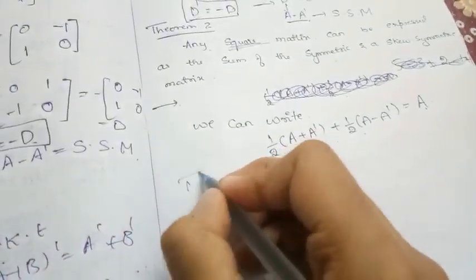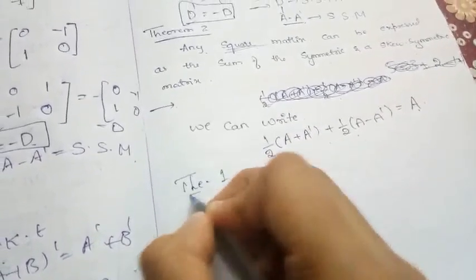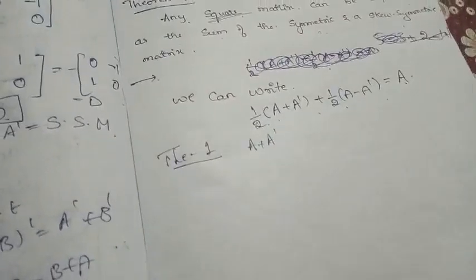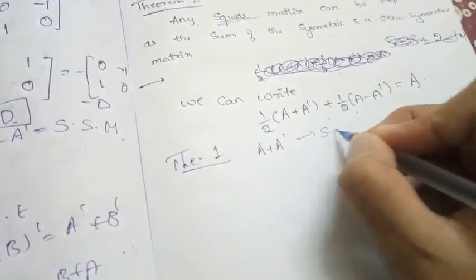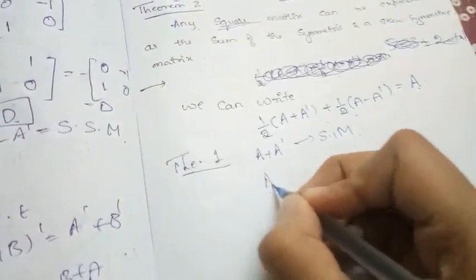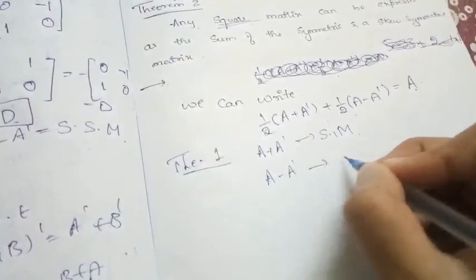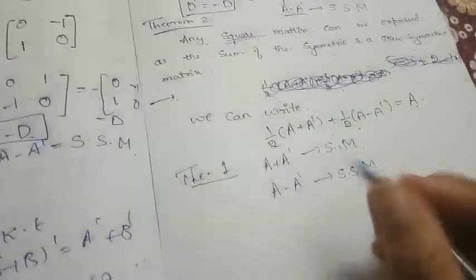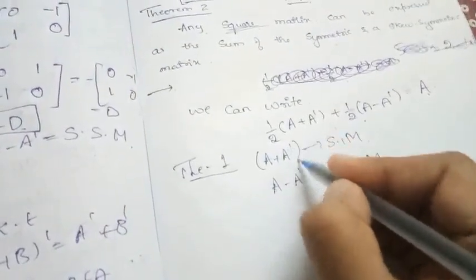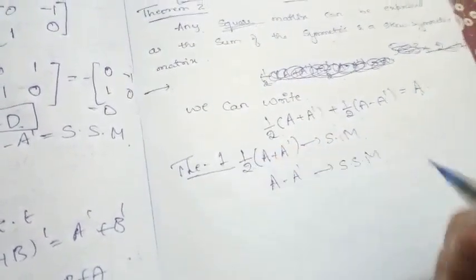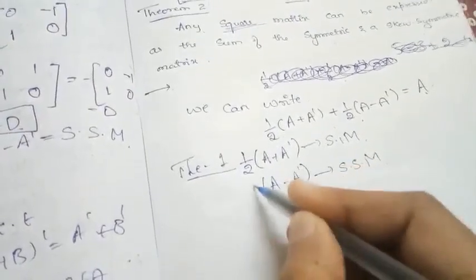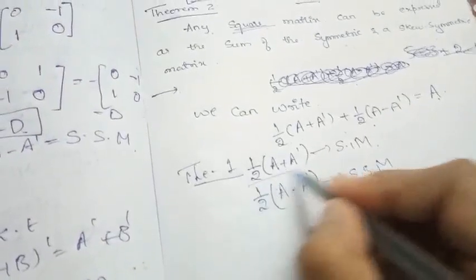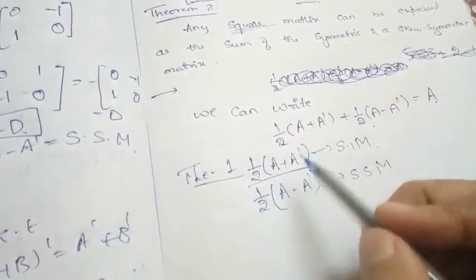By theorem 1, we clearly know that A plus A transpose is our symmetric matrix, and A minus A transpose is nothing but our skew symmetric matrix. By multiplying any scalar to a symmetric matrix, or to a skew symmetric matrix, the matrix type does not change.